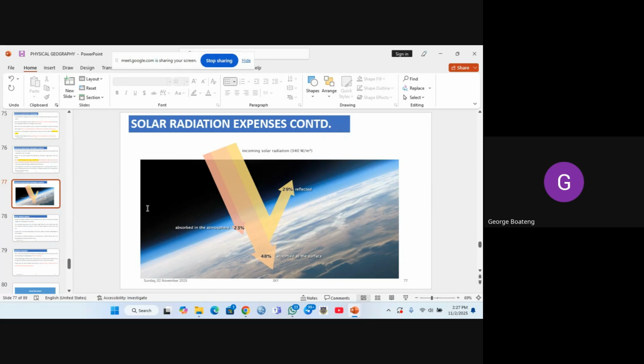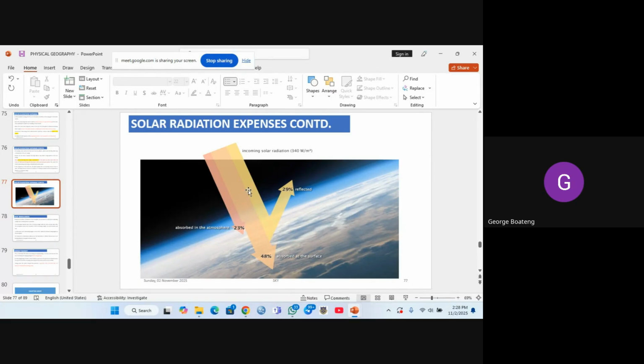From this, we have been saying less than 50% gets to the Earth's surface. Look at it. We have absorbed 23%. Another absorber closer to the surface, 48%. 29% reflected and scattered.